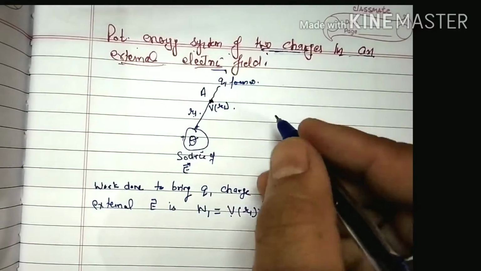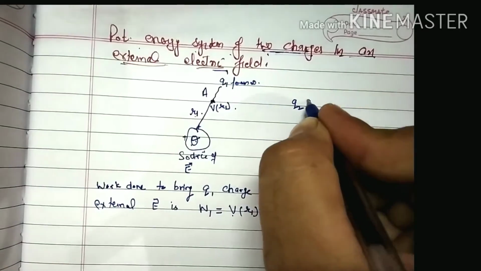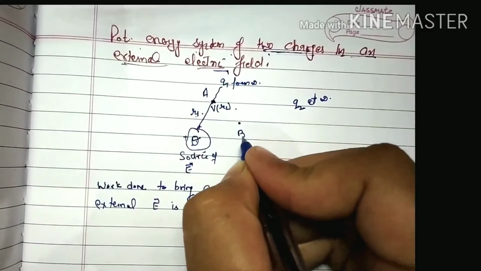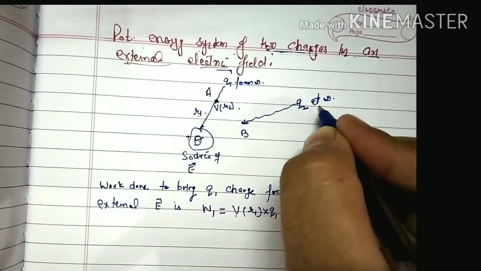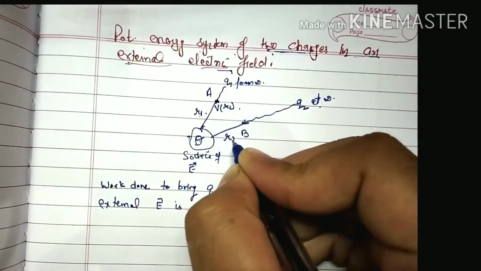Now suppose we are bringing a second charge Q2 from infinity to point B. So this charge Q2 is coming from infinity to point B, and let it be at a distance R2.